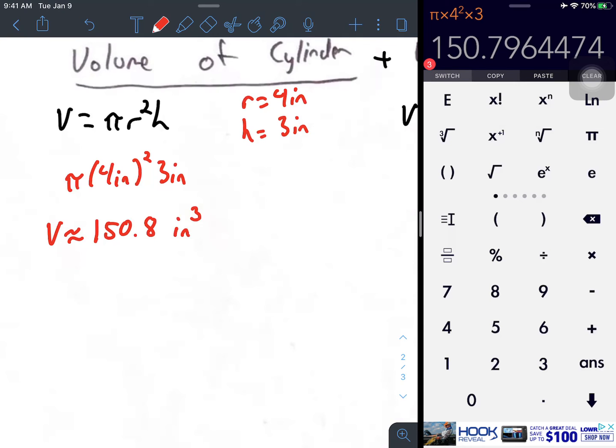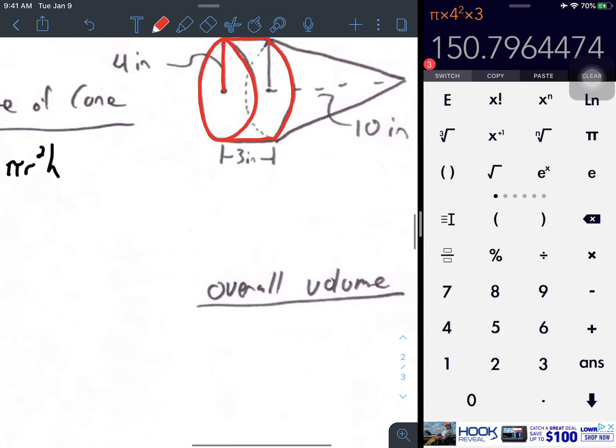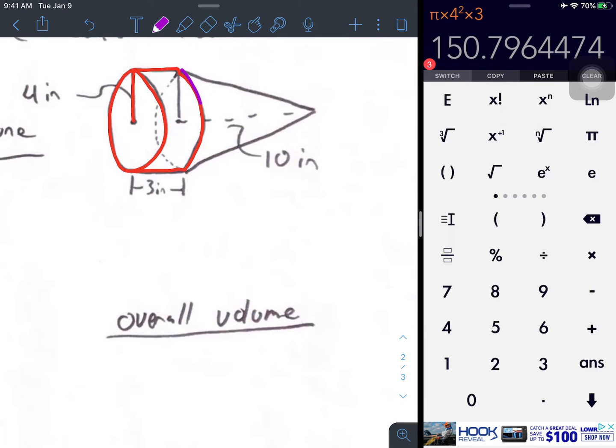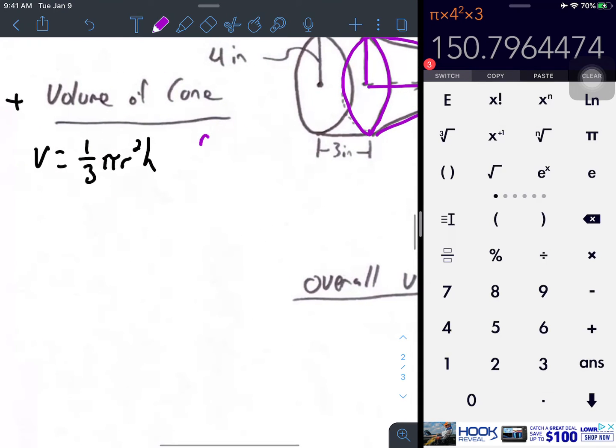Looking at our cone now, which would be this part right here, so let's erase the red part now. Again, we still have this radius here, which is still 4, but now we have a height that is 10. So our radius is 4 inches, our height is 10 inches.